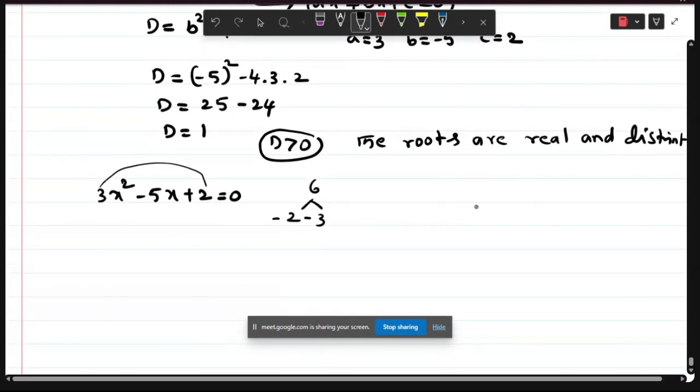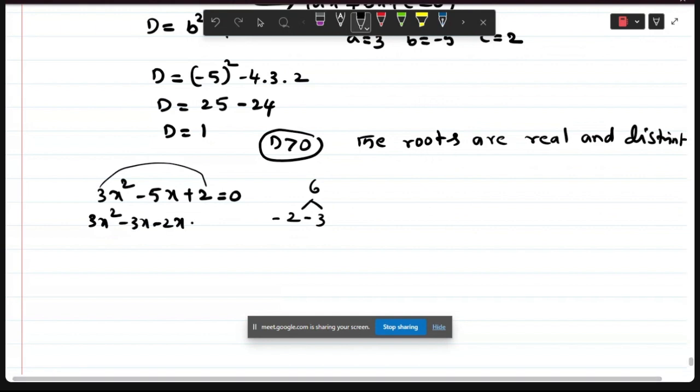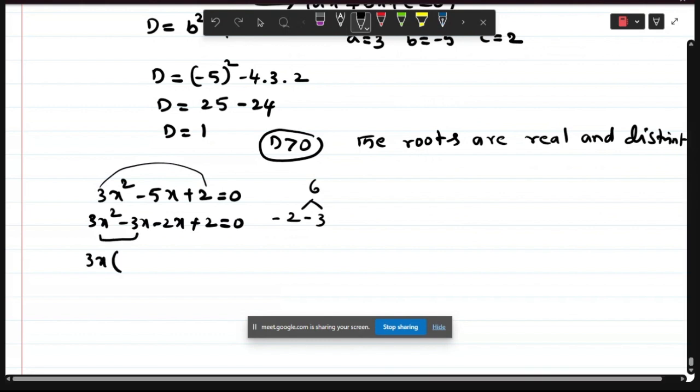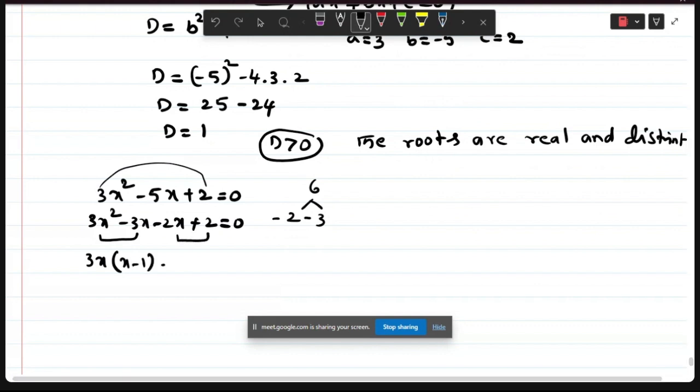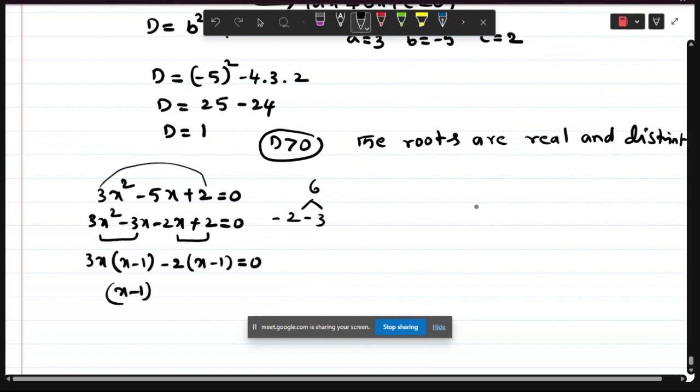So 3x squared minus 3x minus 2x plus 2 is equal to 0. In these two terms, which one is common? 3x is common, and the remaining is x minus 1. In these two terms, minus 2 is common, with x minus 1 remaining, equal to 0. Now x minus 1 is common, and the remaining is 3x minus 2 equal to 0.